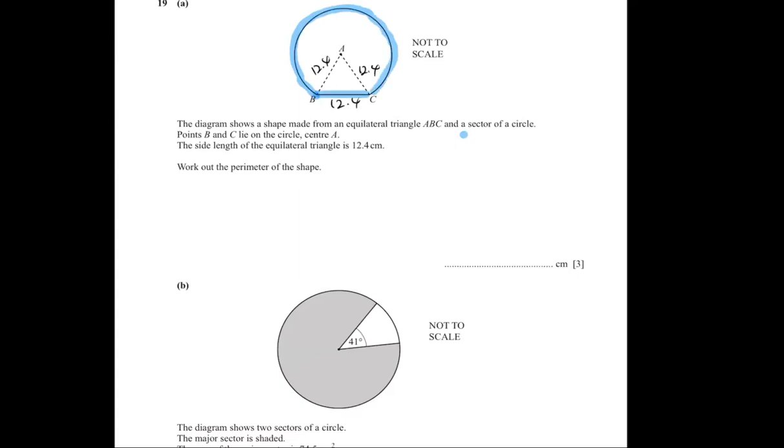Okay, so now we need to know this is an equilateral triangle, this is 60 degrees, and the other side is 300 degrees. So we need to do it this manner. We need to find the arc length here first. So 300 over 360 multiplied by 2 pi times 12.4, plus 12.4.